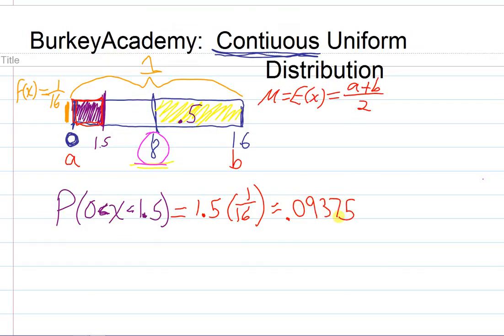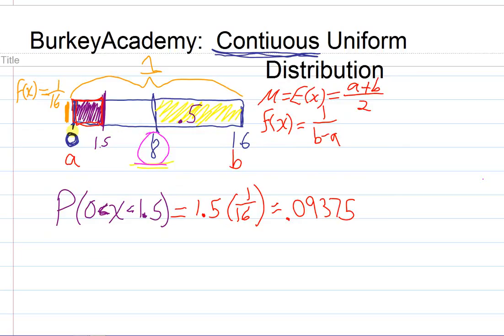Now, in general, how do we do this? Well, the formula in general for this f of x thing is simply 1 over b minus a. And the b minus a just gives you how long is the base of the rectangle, and the 1 over just tells us it's the reciprocal of that, or the inverse of that, okay?